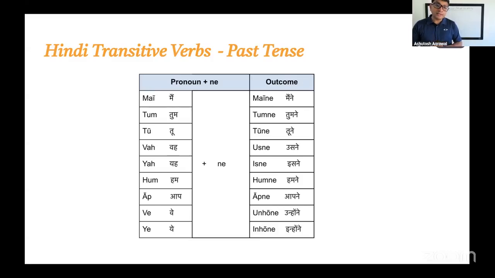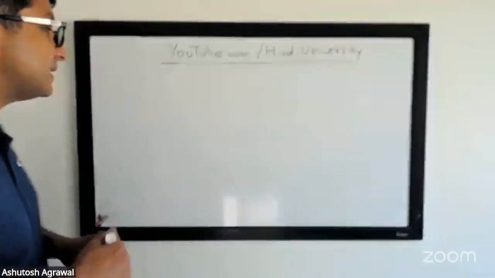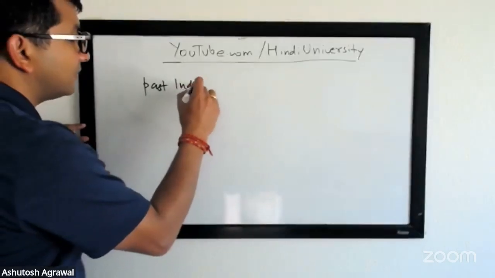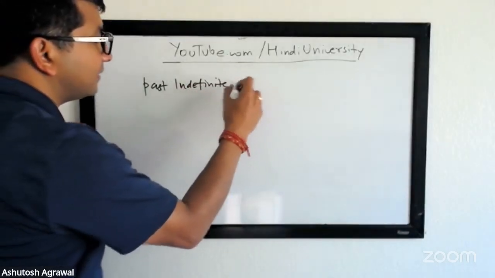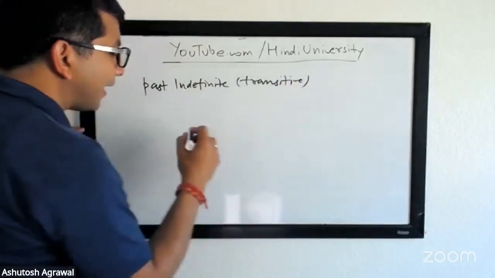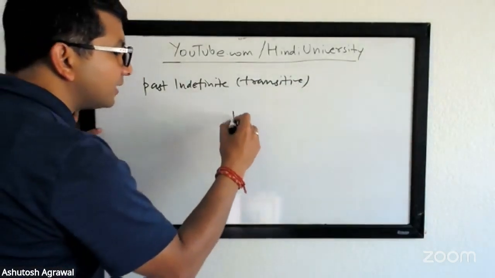When you're using sentences in the past indefinite tense with transitive verbs, you have to use one more postposition called "ne".